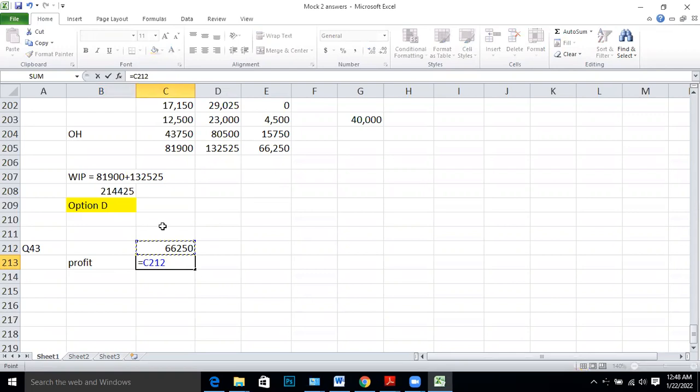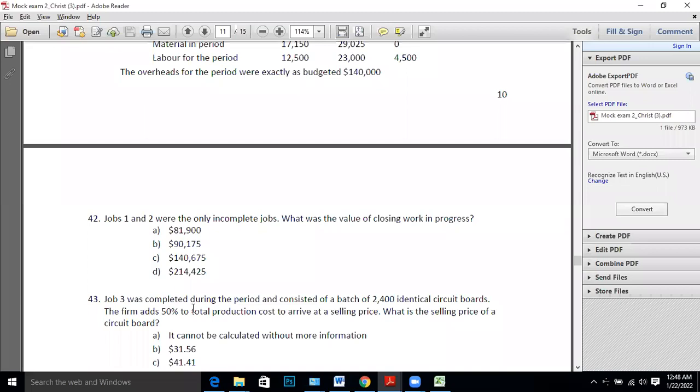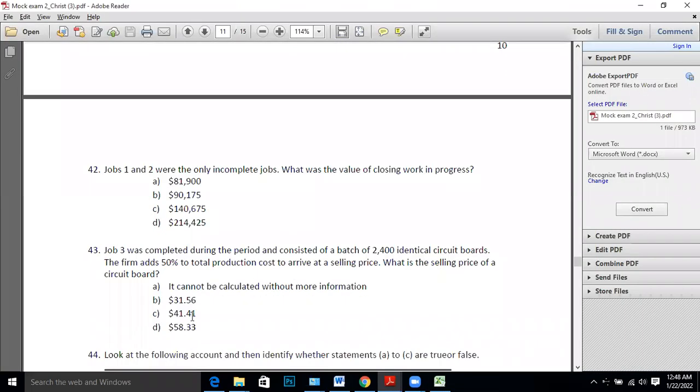So the total sales value has to be the sum of these two, cost plus profit. So the selling price per unit will be this total sales value divided by 2,400, 41.406. If we round it, that will be 41.41, option C.